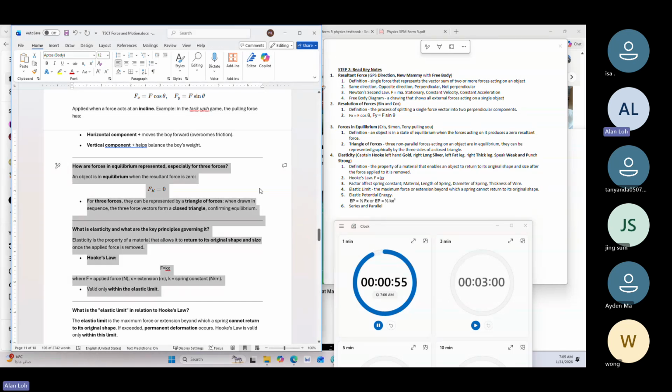This is drawer number 3 and drawer number 4, because it's talking about equilibrium and elasticity. 10 more seconds. Done.